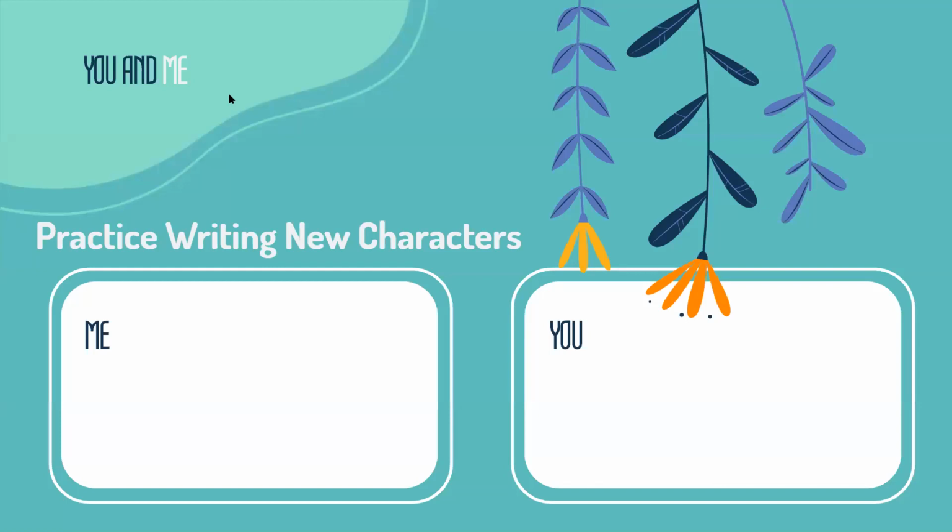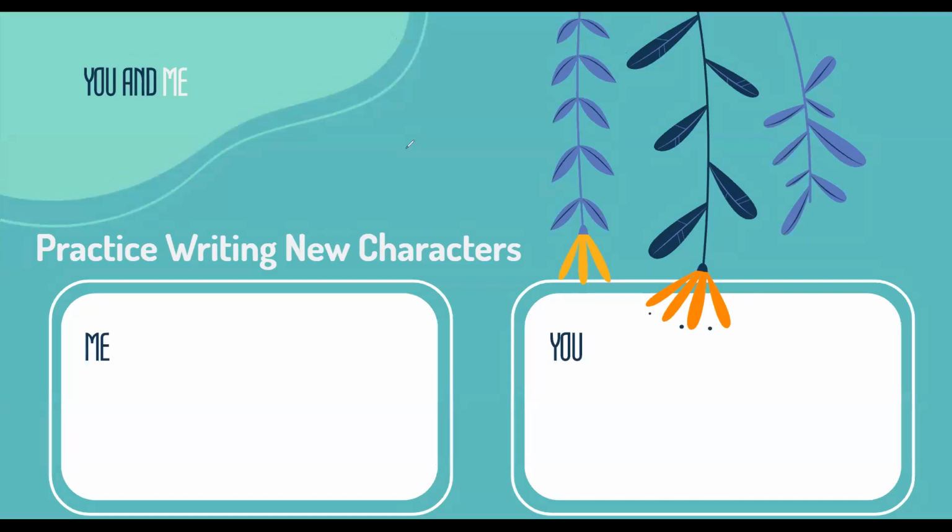So does anyone want to try writing the word me or you by memory before we pull it up? It's kind of hard to write, so I totally understand if you don't remember what it looks like. Yeah, that's really good.